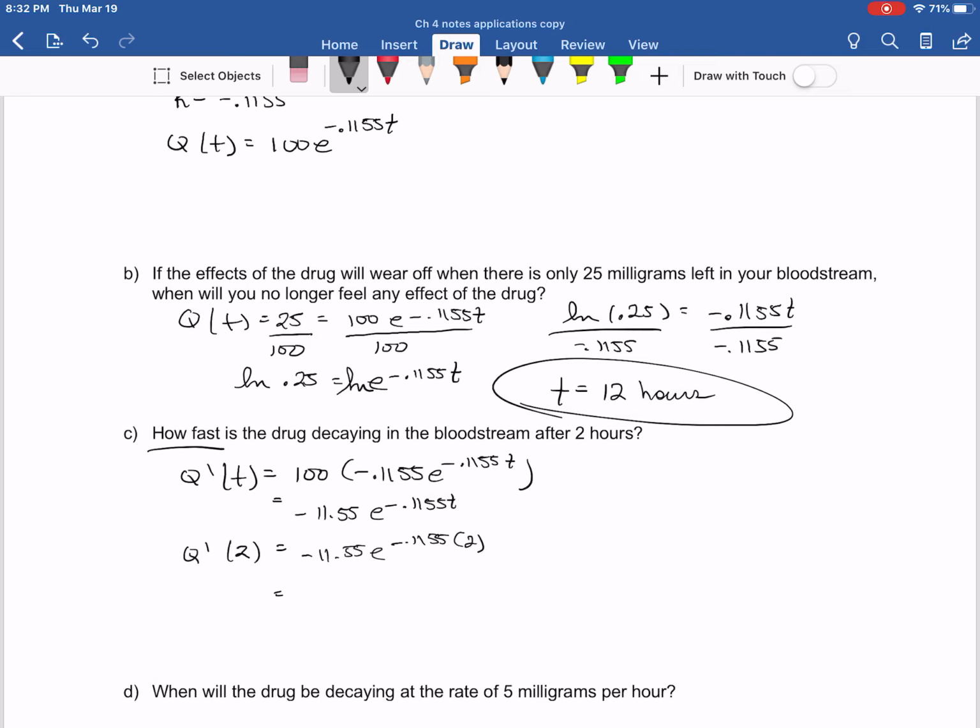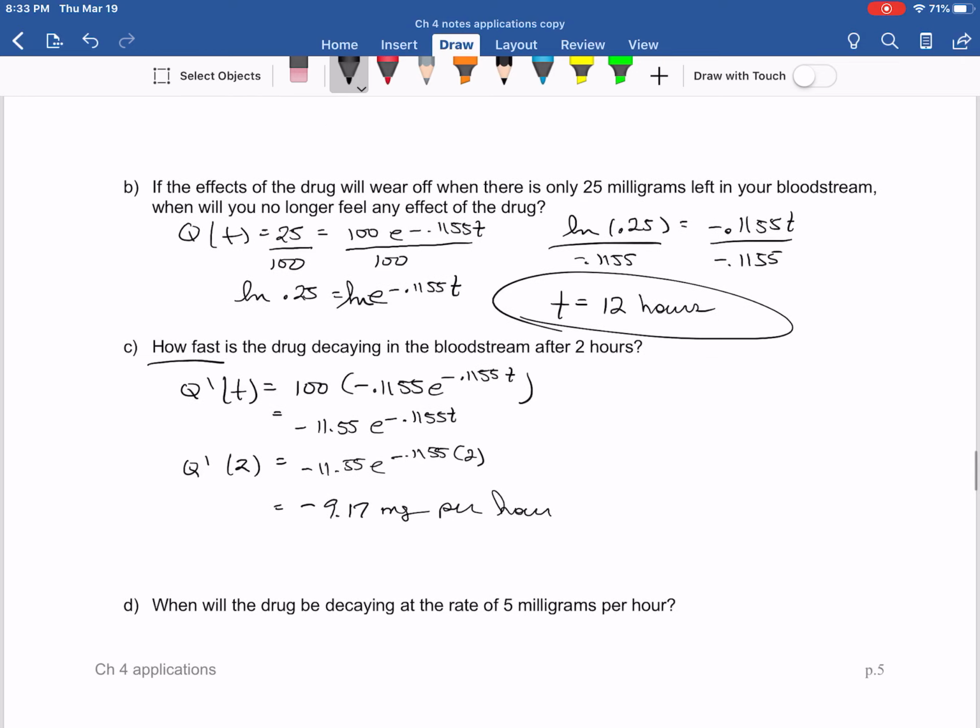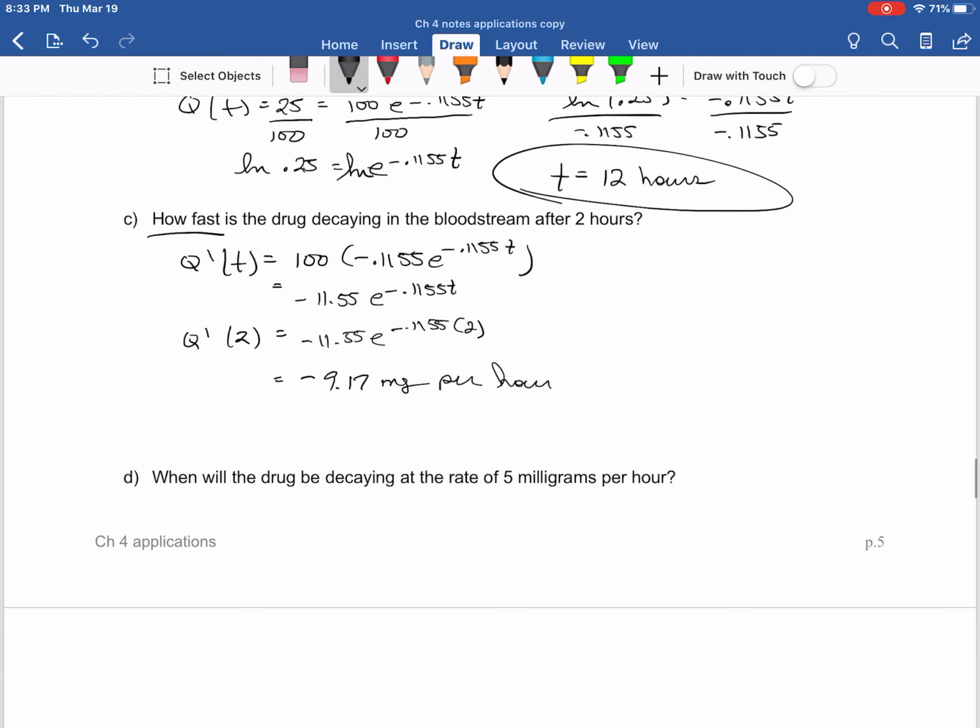Whoops, sorry, I looked at the wrong number. Let's try that again. This is about negative 9.17, what are we, milligrams per hour? And so 2 hours after the drug was initially given, it's going down at the rate of 9.17 milligrams per hour.